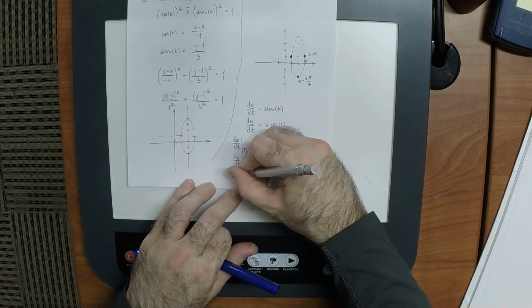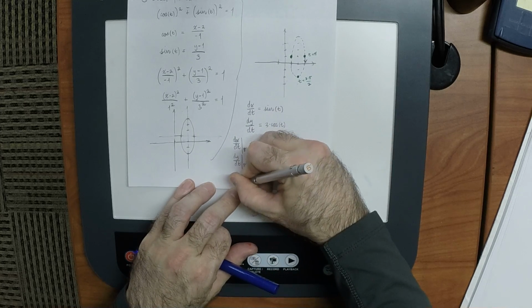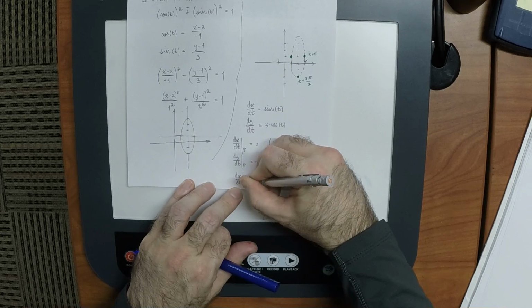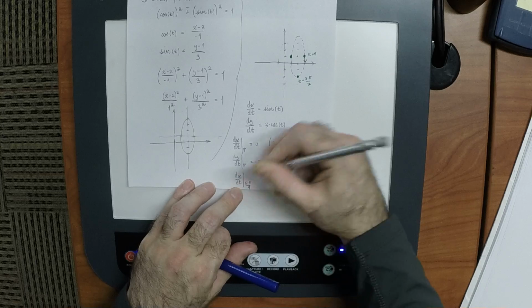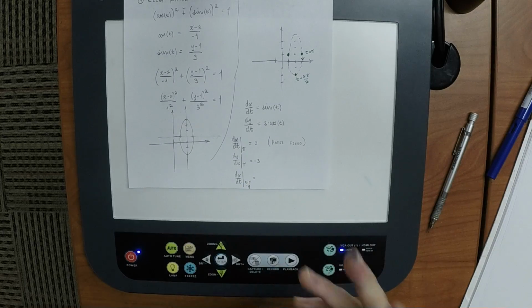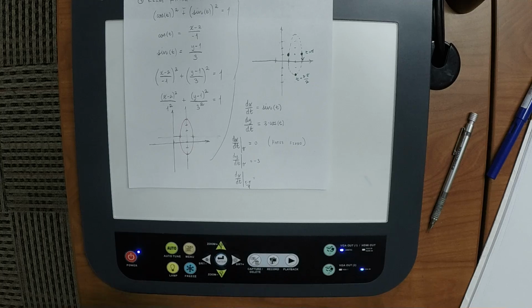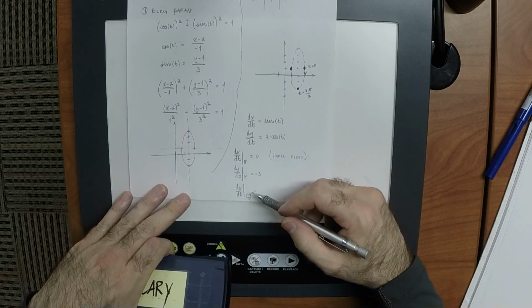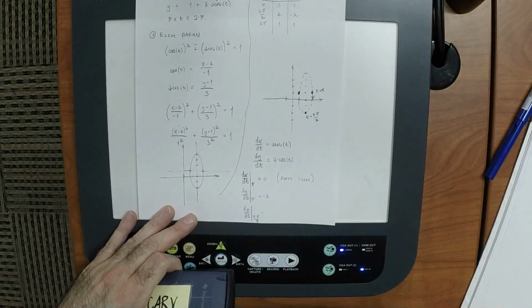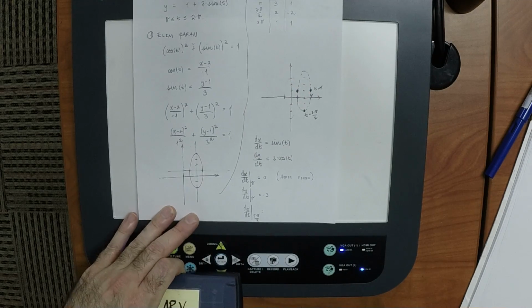Running out of space here. So dx dt evaluated at 5 pi over 4 gives us what? If we plug that into the calculator. Not even, right? Because at 5 pi over 4, cosine is what? Negative square root of 2 over 2.